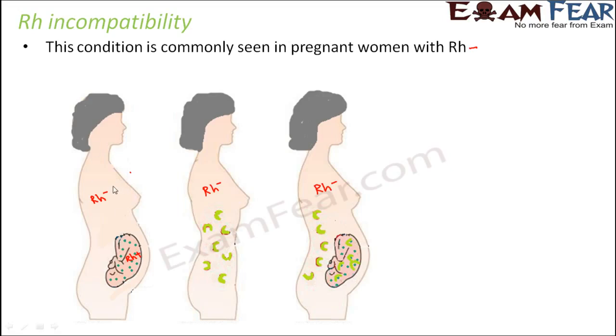Now, as I said, the mother is RH negative and the infant is RH positive. But these two are not getting mixed up because they are separated by the placenta. Right? You have a layer called placenta which is actually separating the blood of the mother and the baby. So both are staying separated, so there is no risk. Now what would happen if they mix up somehow? Let us first try to understand that.